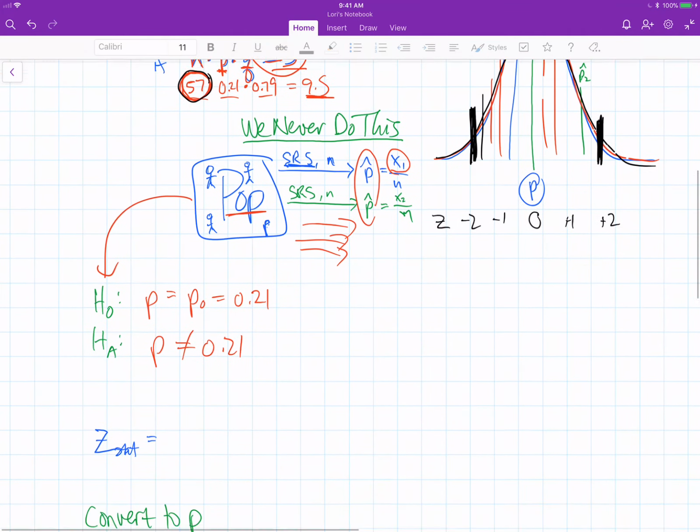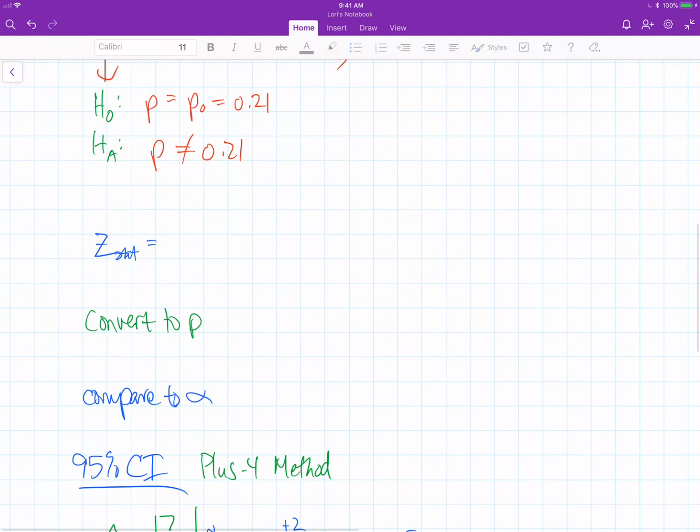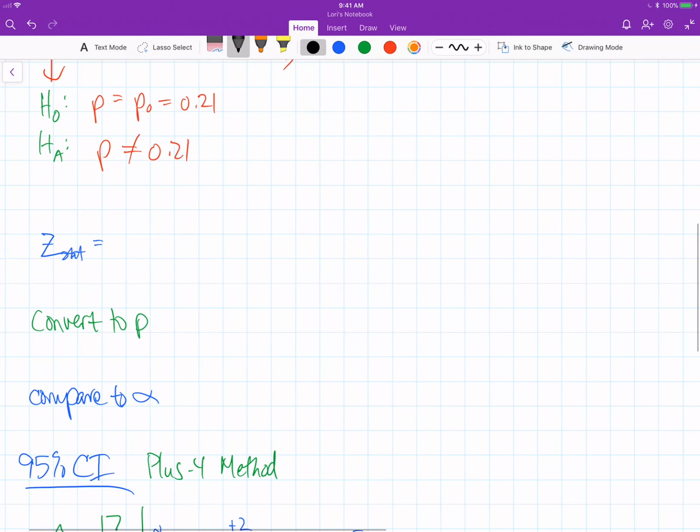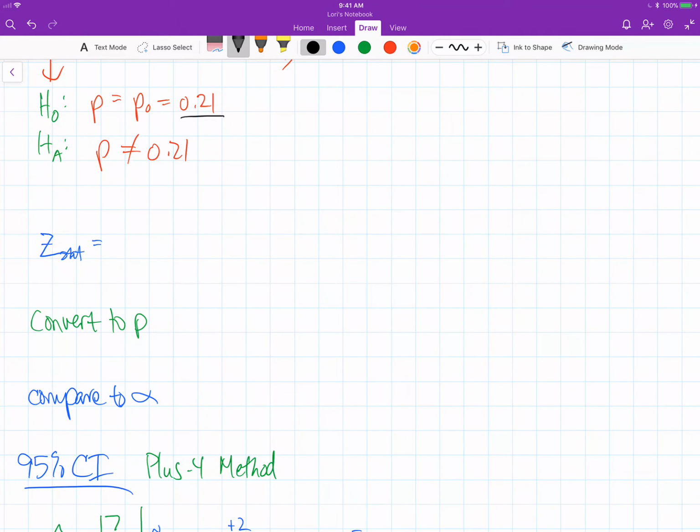I'm going to go ahead and move down then. When we're actually testing this, we need to know a couple of different things. First of all, we need to know what our test proportion is, and that's going to be equal to 0.21. We also need to know the standard error, and it just so happens that standard error is equal to the square root of p times q over n.